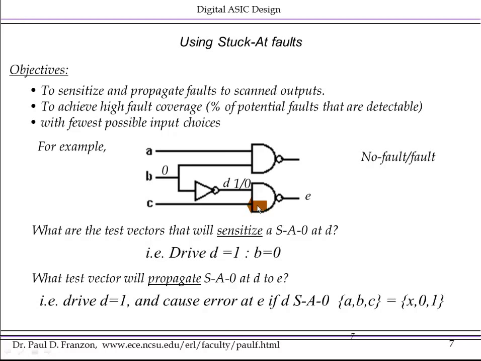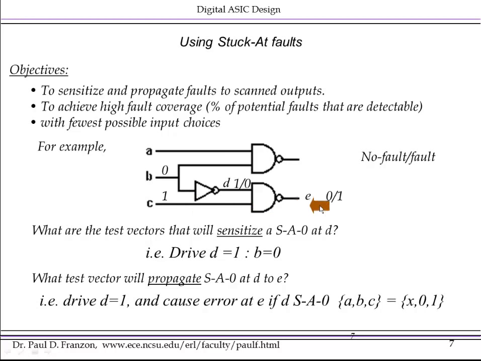If C is 0, then there's a NAND gate, and this fault here won't be propagated. We need C to be 1 in order to propagate the fault to E.